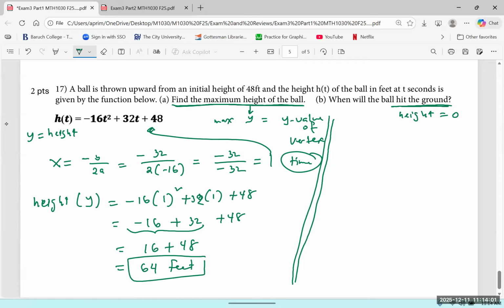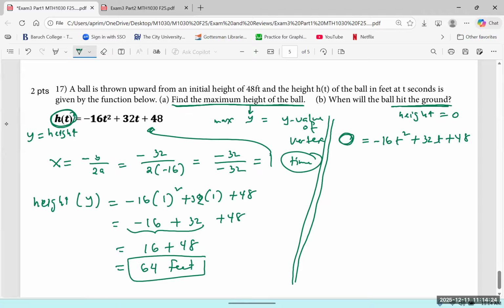Anytime you hit the ground, there is no height. So the height you see here is 0. And you have the rest, negative 16t squared plus 32t plus 48. Now, since your y is 0, that means you're solving for t.